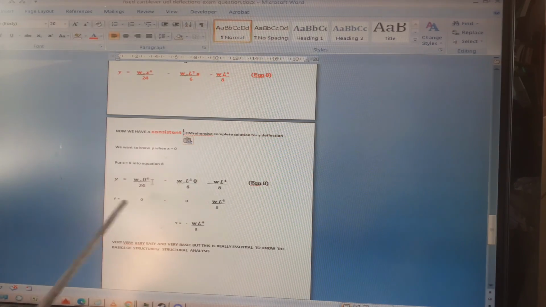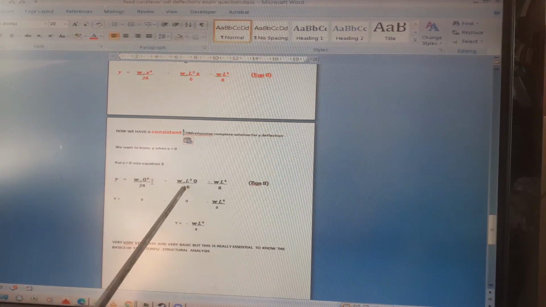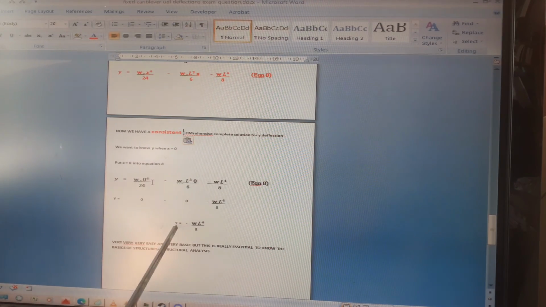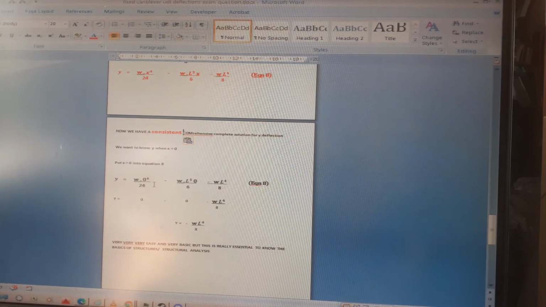So this one is 0, this one is 0. So y equals wL to the power of 4 over 8. So the deflection y when x equals 0, at the end of the cantilever, is wL to the 4 divided by 8.